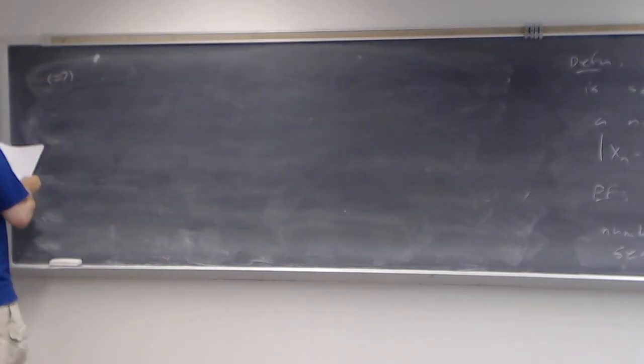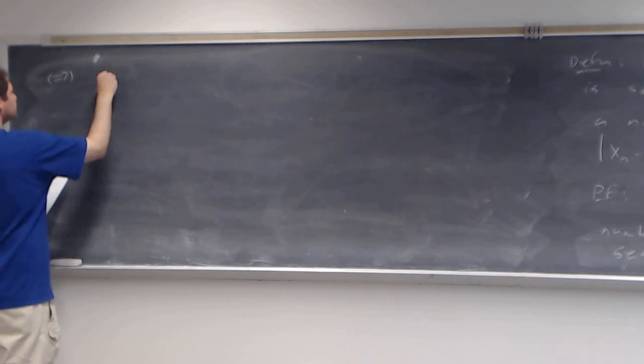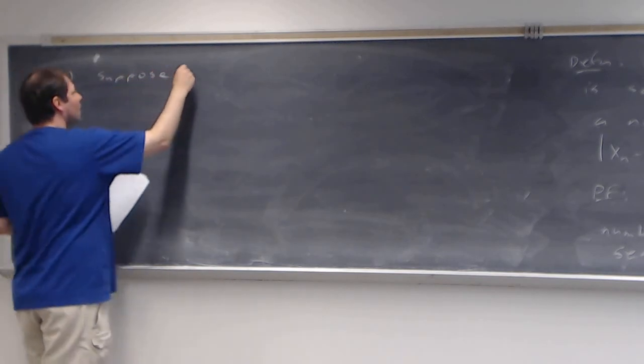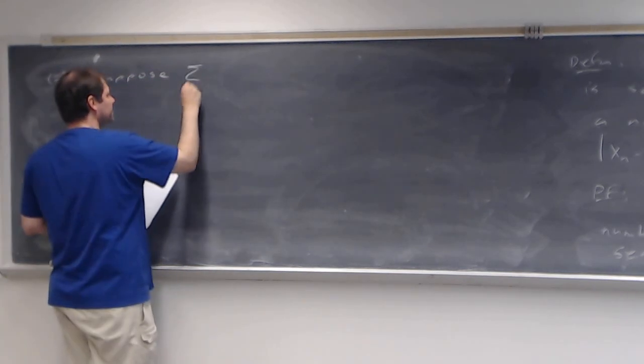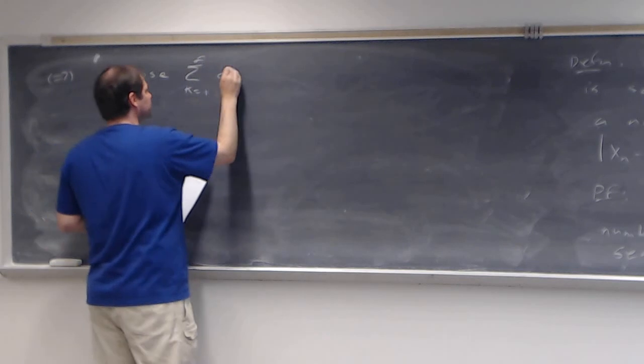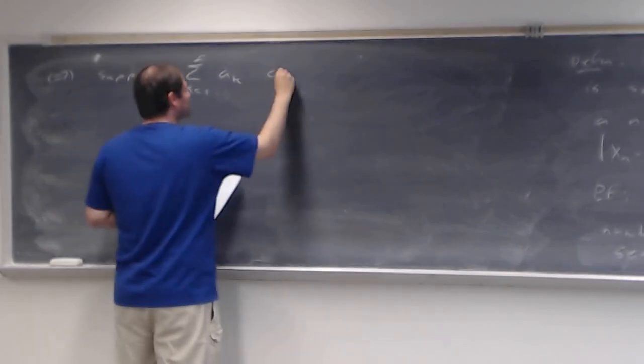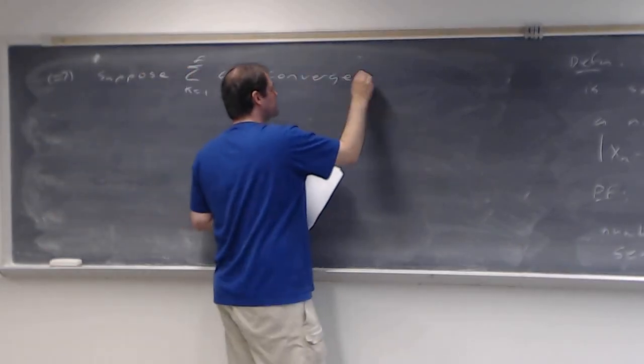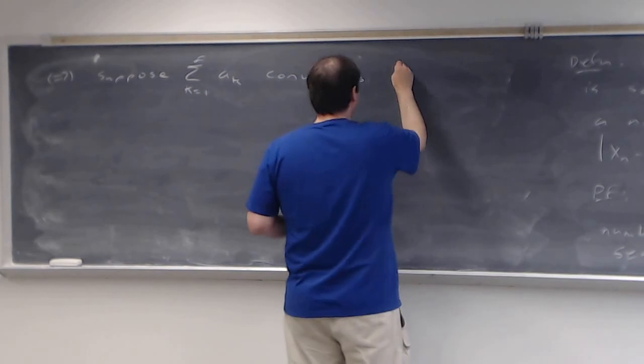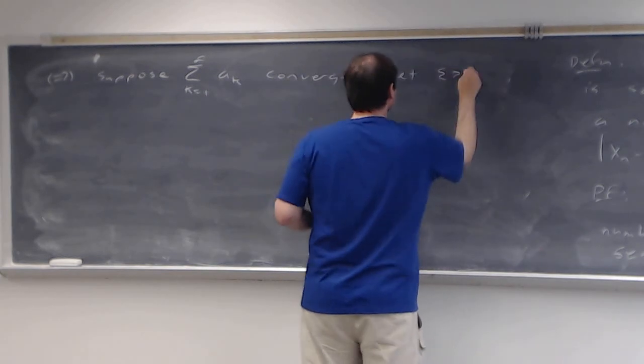In this direction, suppose that this series of a sub k converges. We let epsilon greater than 0 be given.